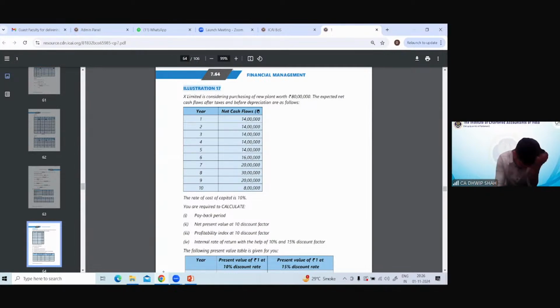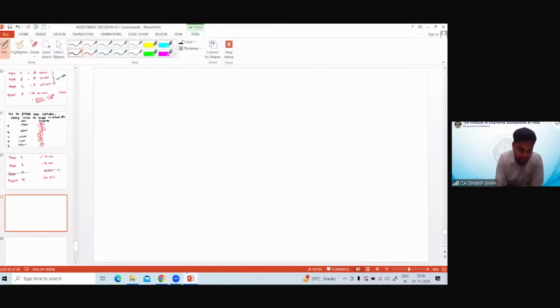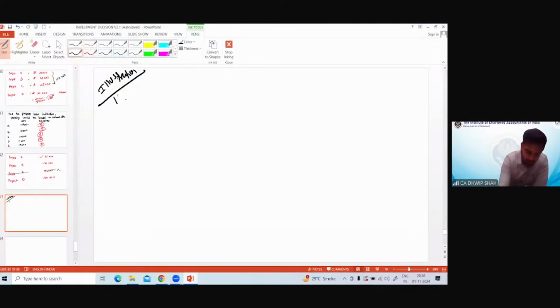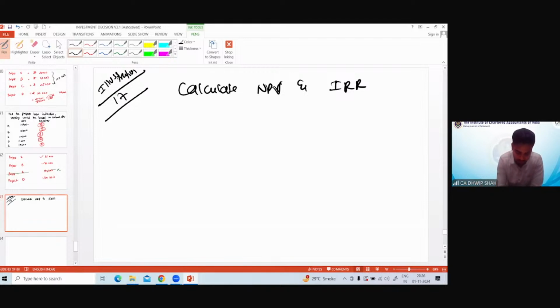So let's at least try NPV and IRR. Someone had a doubt, they want to revise IRR, so let's solve illustration 17 and calculate NPV and IRR. We'll just calculate these two things.